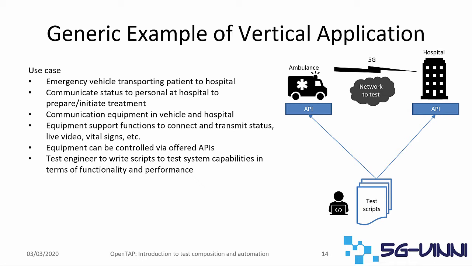There is communication equipment in both the hospital and in the vehicle. The equipment supports functions to connect and transmit the status, live video, vital signs, and so on. The equipment can be controlled via the offered APIs. A test engineer will then write scripts to test the system capabilities in terms of functionality and performance.